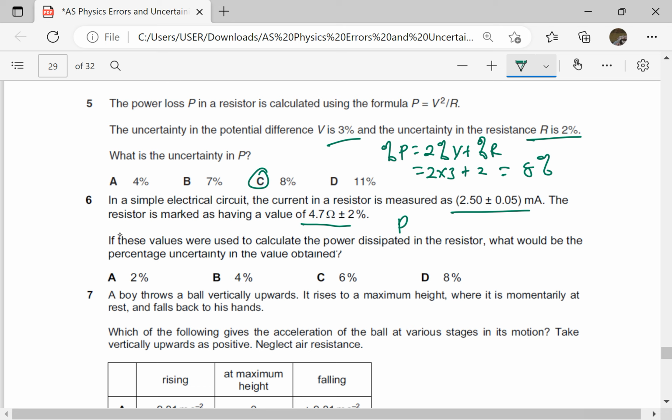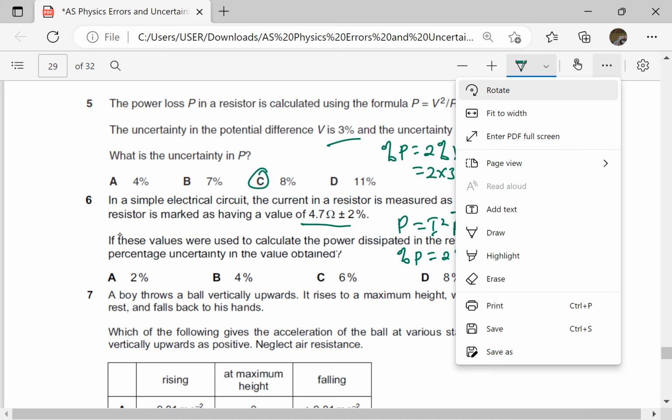So power in terms of current and resistance: power is equal to I squared times R. So the percentage in power is going to be twice percentage in I plus percentage in R. So this is going to be 2 times 0.05 divided by 2.5, and for R it is a percentage, so I'll just say plus 2%.